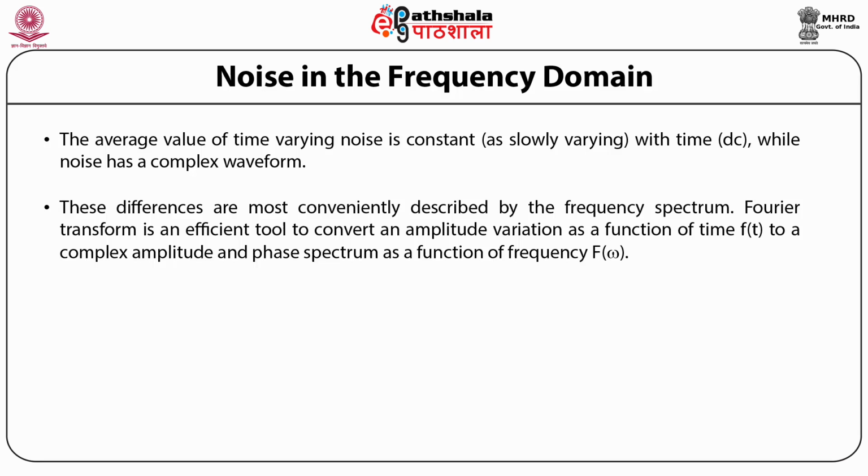Fourier transform is an efficient tool to convert an amplitude variation as a function of time f(t) to a complex amplitude and phase spectrum as a function of frequency F(omega). So F(omega) is equal to the integral from minus infinity to plus infinity of f(t) exponential minus j omega t dt.